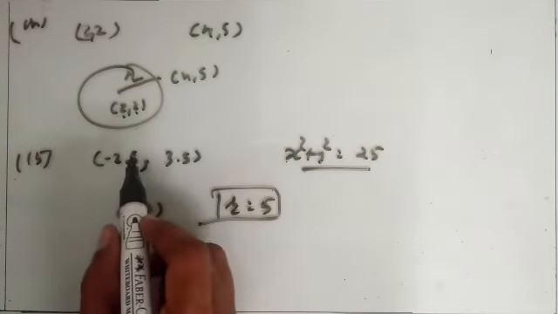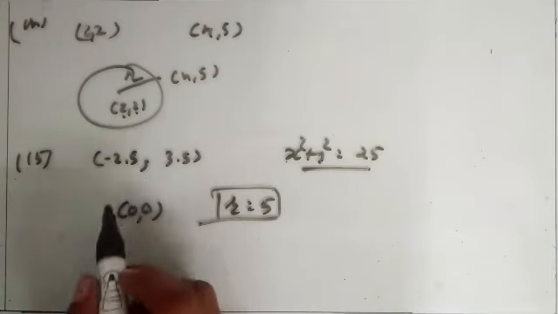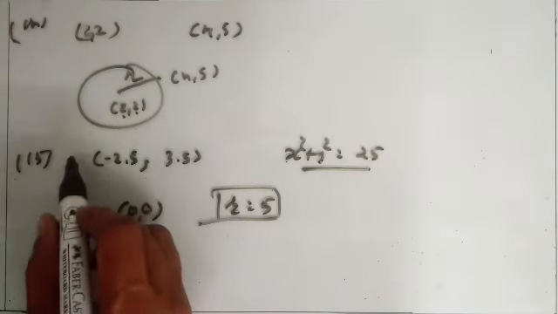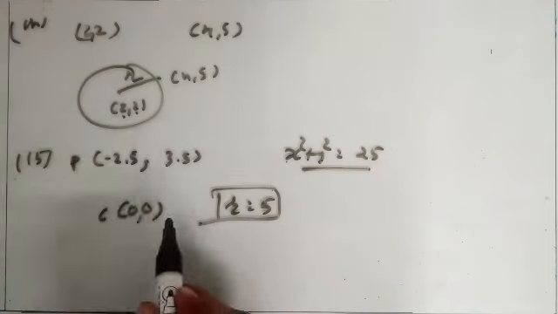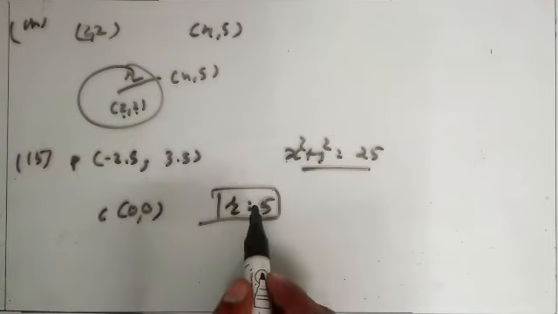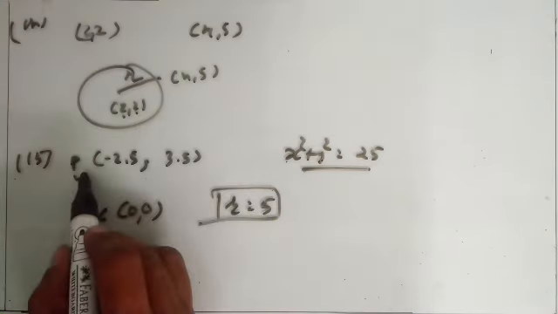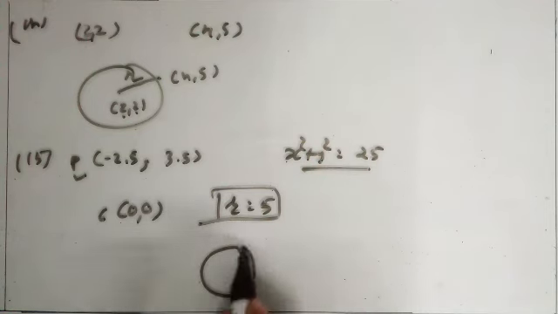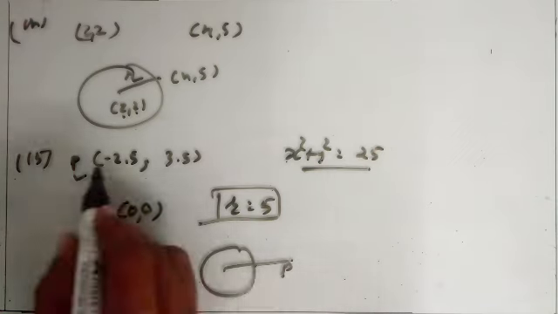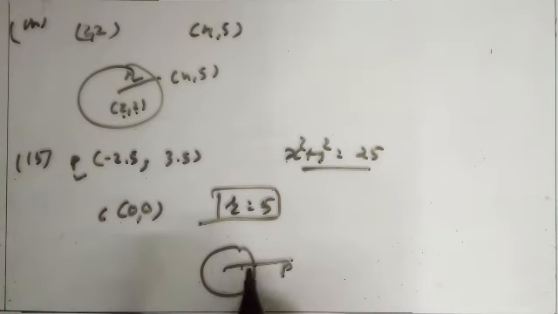Now using the distance formula, find the distance between the center and this point P. If CP is greater than r, then we say that this point P is outside of this circle. If CP is equal to r, then this point is on the circle, and if CP is less than r, then this point is inside the circle. Clear?